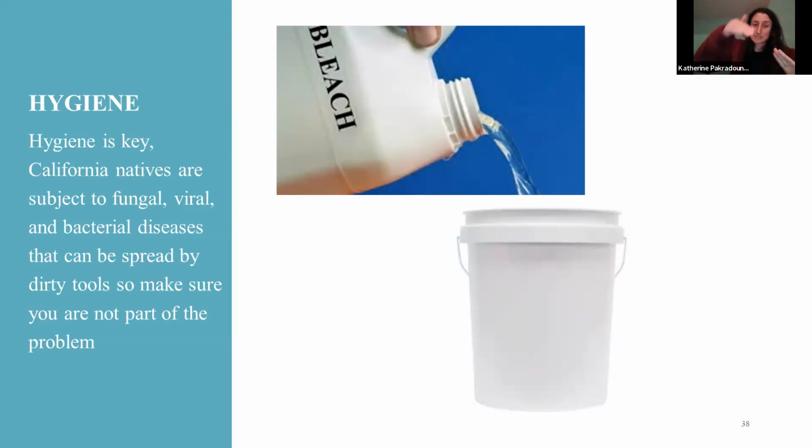If there's actual disease evidence on the plant, you disinfect between cuts. So if there's a dead branch on a manzanita, you cut that, and you spray your pruners right after, before you cut anything else.